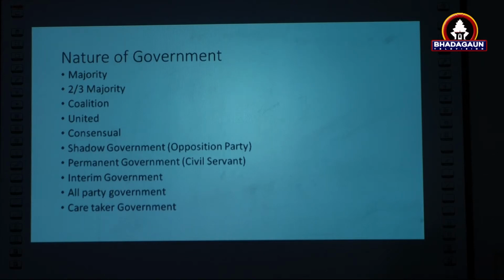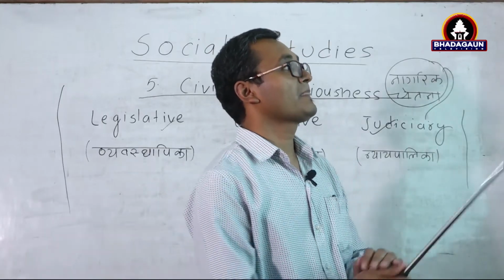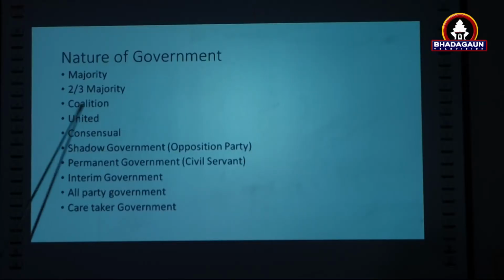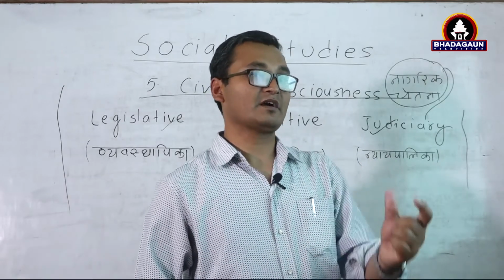Now next page is saying it all about nature of government, which is not found in our book, but we should know it's better to have such kind of concept. Minority government is not found, I forgot. अल्पमतको सरकार, नेपालको इतिहासमा अल्पमतको सरकार पनि हामी पाउँछौँ. And then coalition, गठबन्धनको सरकार, दुईभन्दा बढी पार्टीहरू मिलेर बने, 2 or more parties.